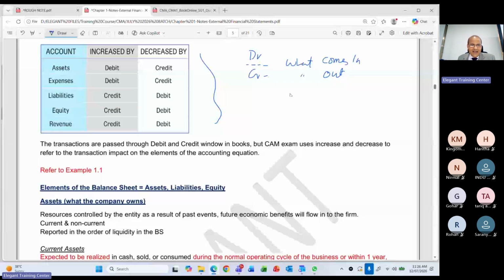Right? And debit expenses, credit liabilities. So increase in asset is called debit. Decrease in asset is called credit. Right?